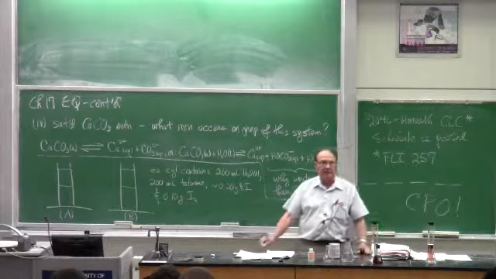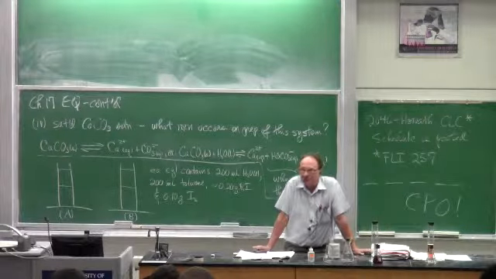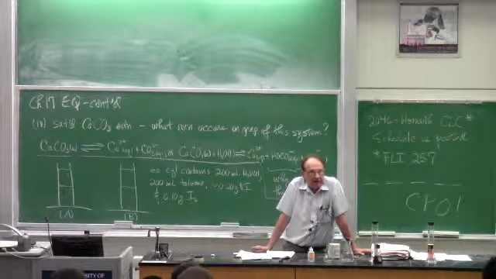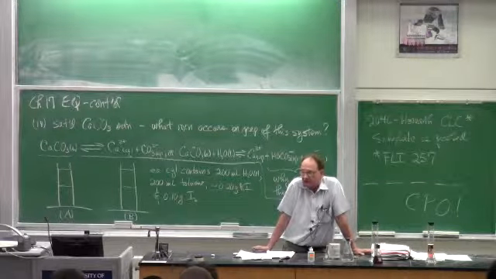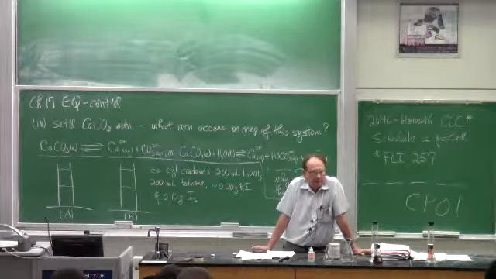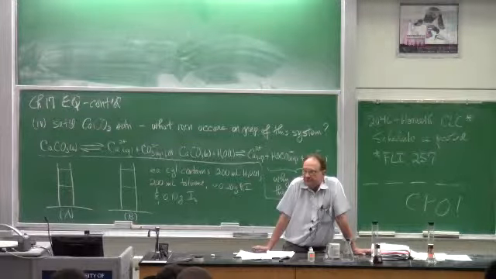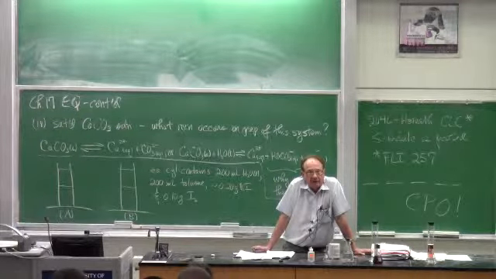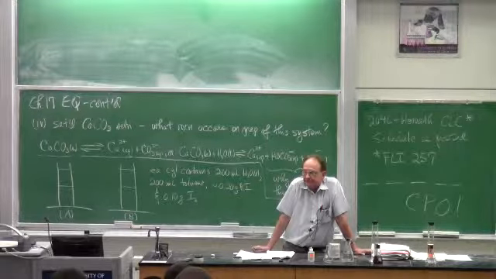To establish equilibrium between calcium chloride and its component ions, calcium ion and chloride ion, we'd have to continue to add calcium chloride to the system while stirring to speed up dissolving until undissolved solid remained. We didn't do that.